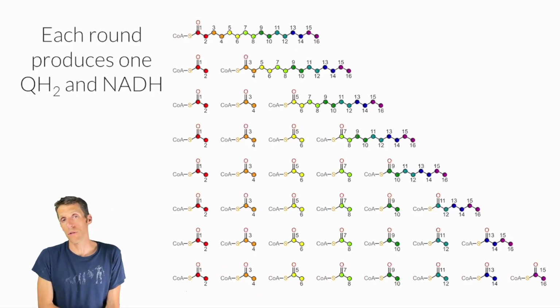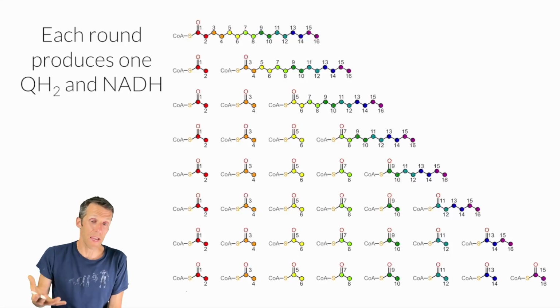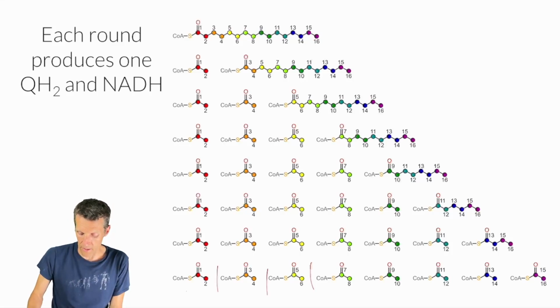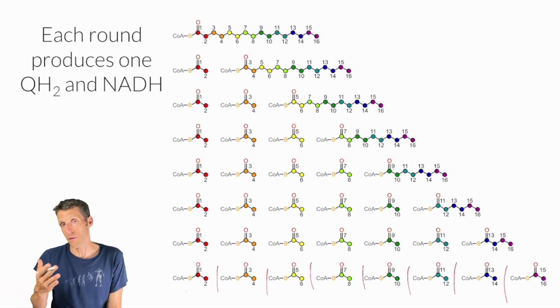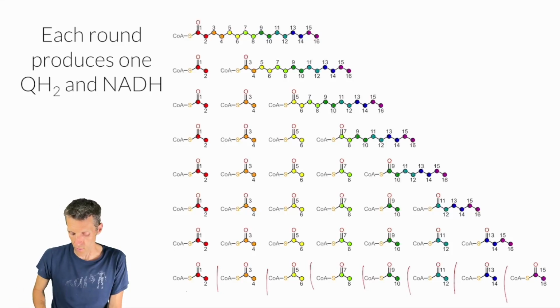Now, what are the yields of this? I already said that this yields 8 acetyl-CoAs because we broke it into that many pieces. What that actually gives us is 7 reactions because we had to break 7 blocks of 2 to get those 8 acetyl-CoAs shown here. 1, 2, let's get our pen. 1, 2, 3, 4, 5, 6, 7.